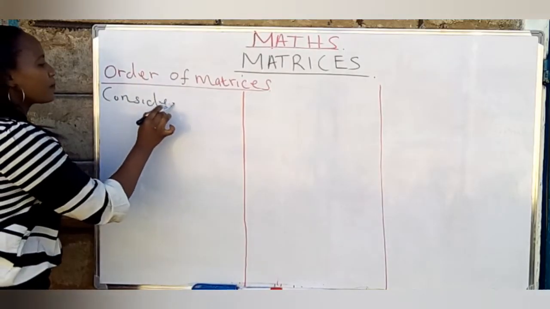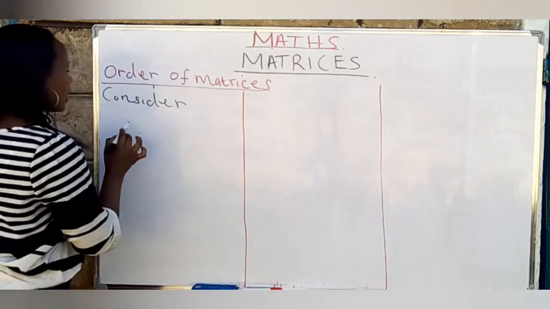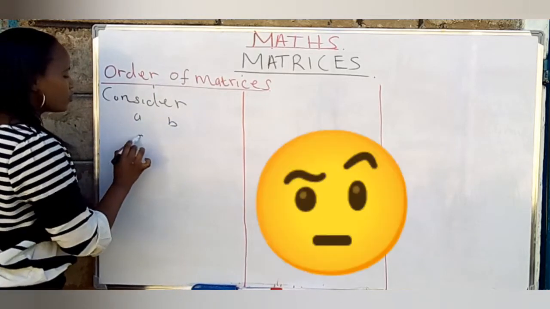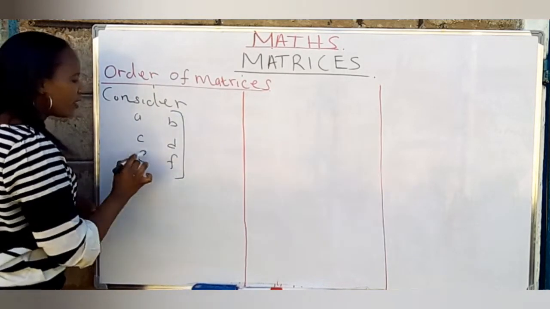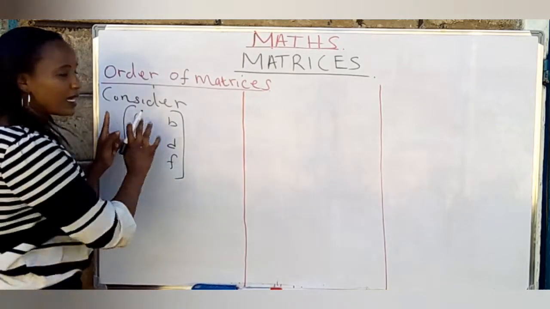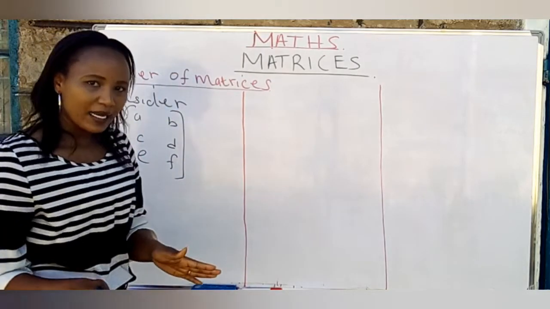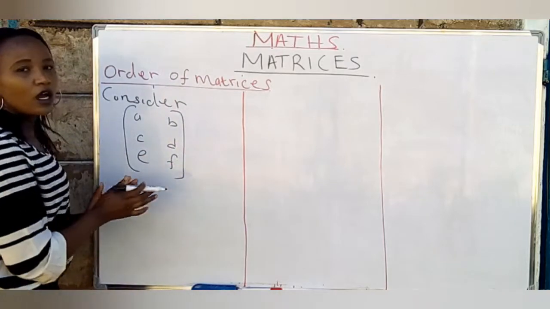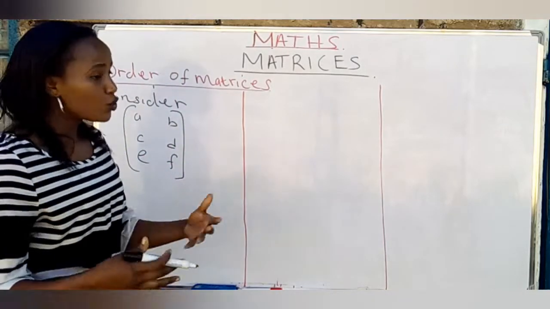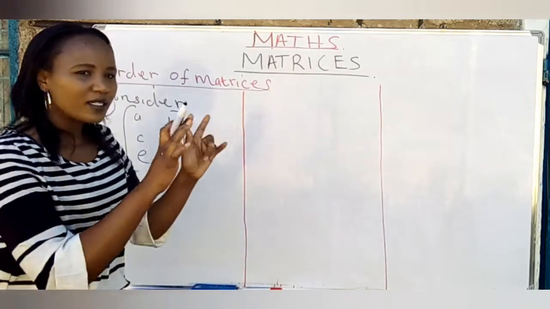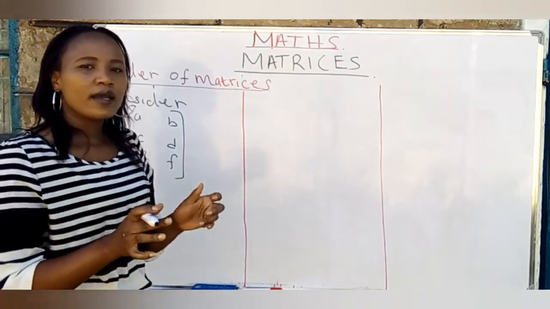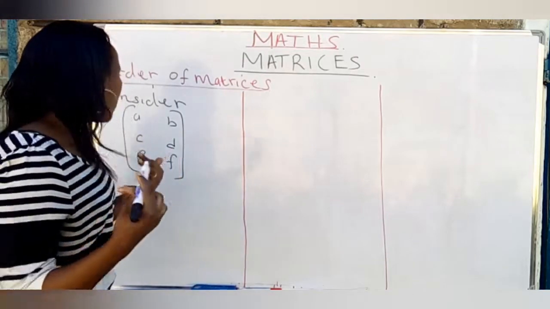If you consider, maybe we can have A, B, C, D, E, and F enclosed by large curved brackets, in this case we call it a matrix. So a matrix is not anything new, it's just numbers that are enclosed by big curved brackets.